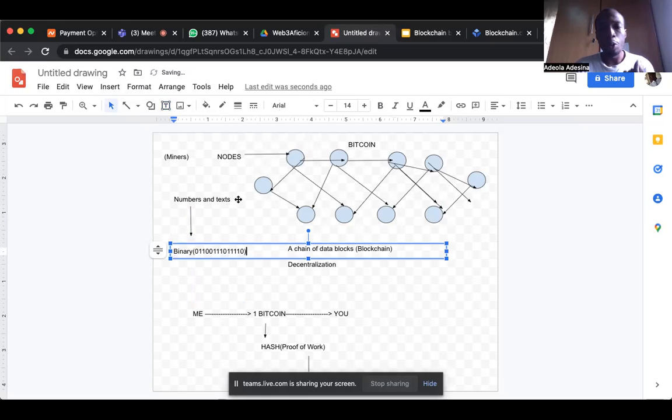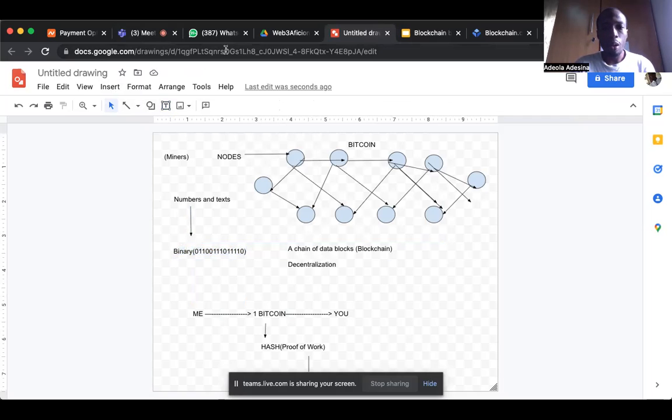So for example, let's say I want to commit a particular data set into this blockchain, right? I'm going to have to convert my entire data set into binary formats.